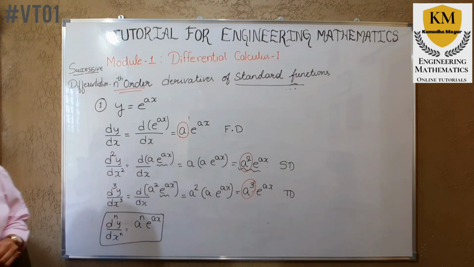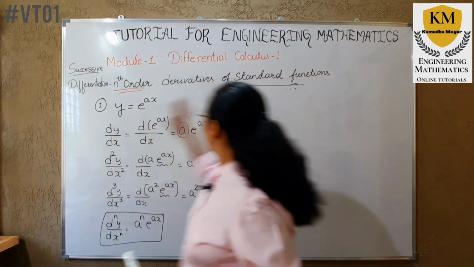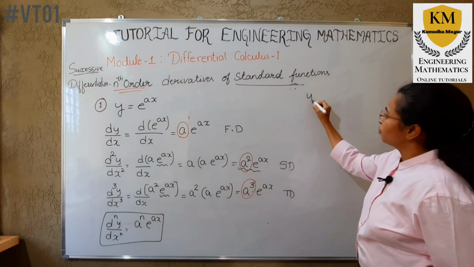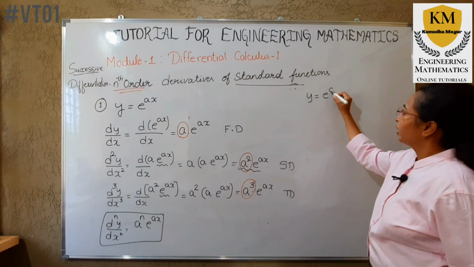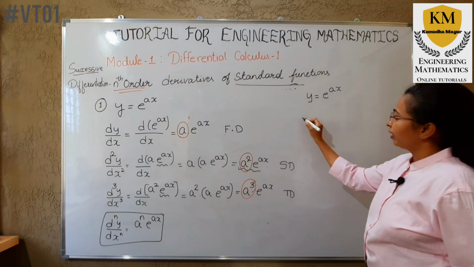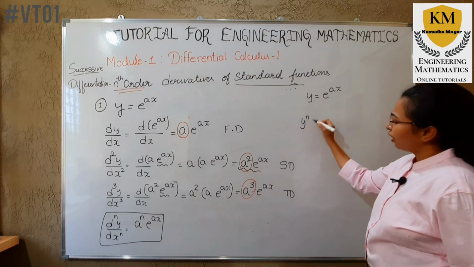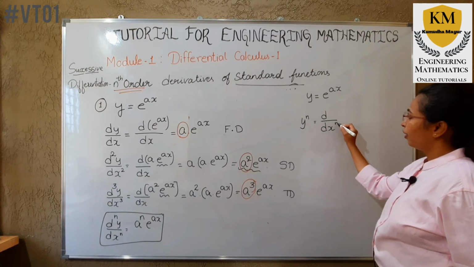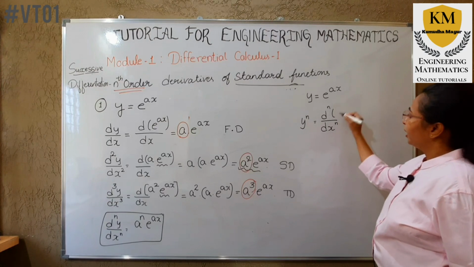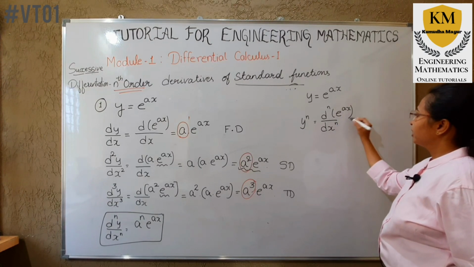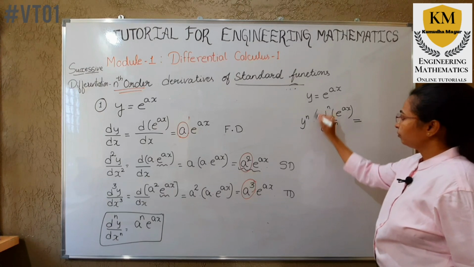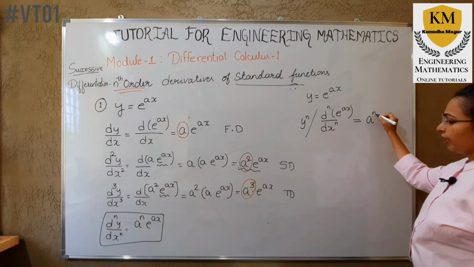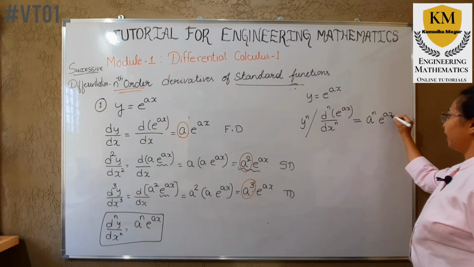So let me write the first standard function derivative here in this corner. The first standard function is y is equal to e to the power ax, and its nth derivative I will write as yn, or you can also write it as (d by dx)^n of e to the power ax is equal to a to the power n e to the power ax.